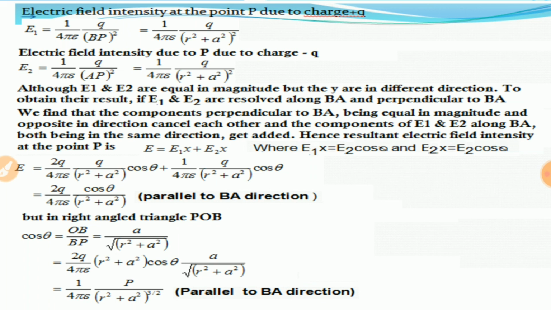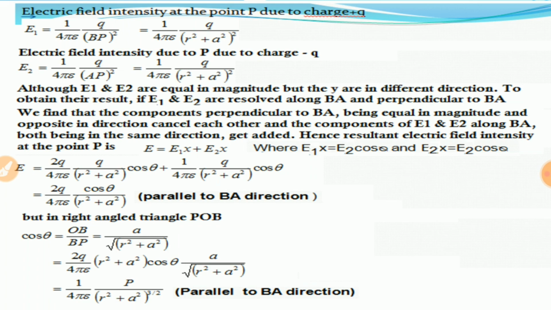So E is equal to Q upon 4 pi epsilon (r square plus a square) cos theta plus Q upon 4 pi epsilon (r square plus a square) cos theta, which is equal to 2Q upon 4 pi epsilon cos theta upon r square plus a square, parallel to the BA direction.